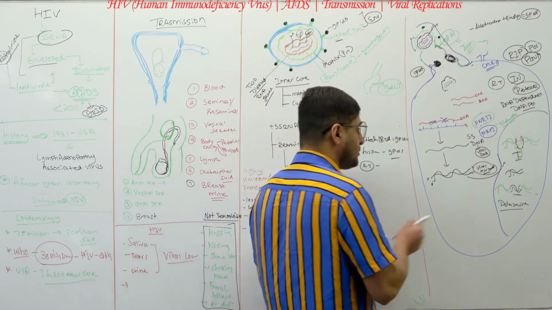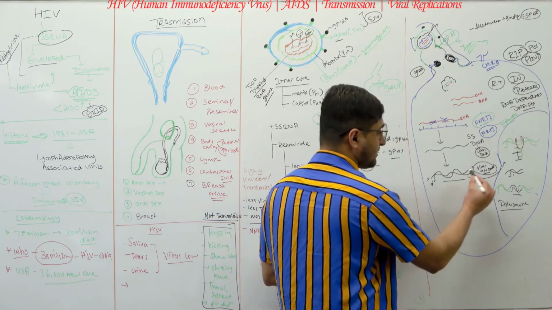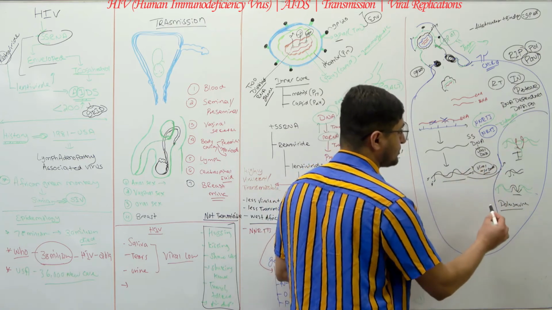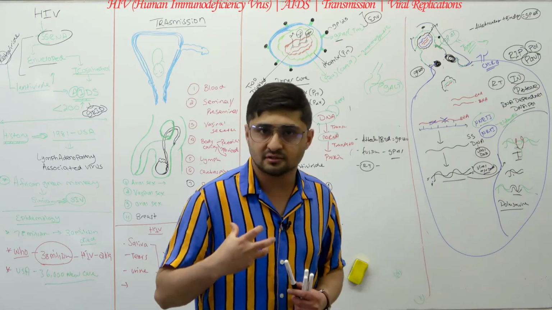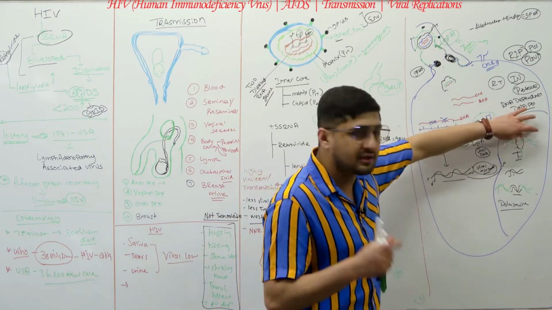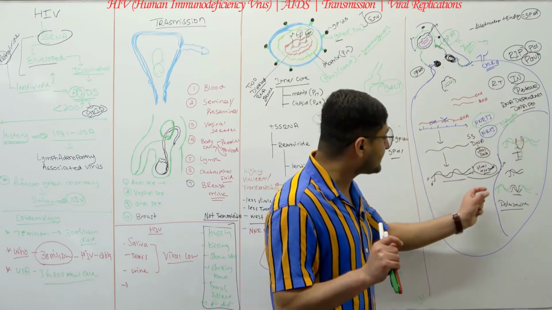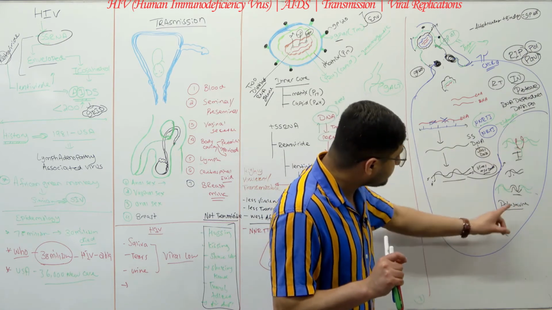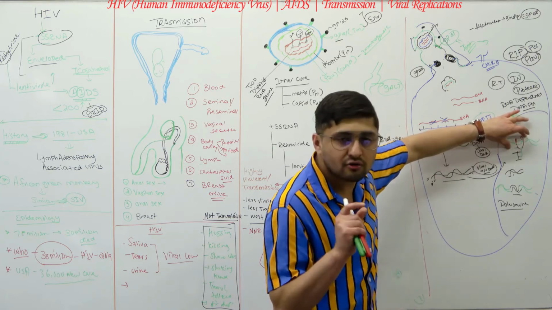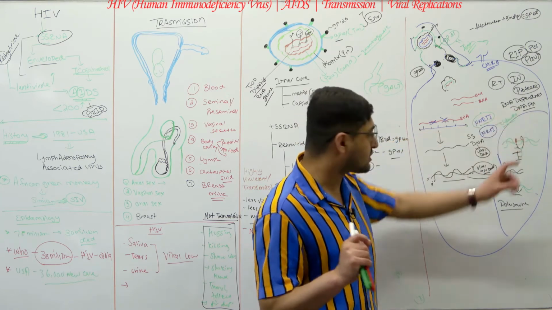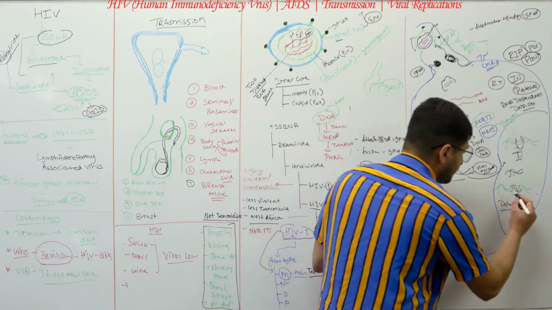And once you've made the viral HIV DNA, the integrase comes and nicks the CD4 positive cell's DNA, and then inserts the viral HIV DNA into our host cell DNA, right?